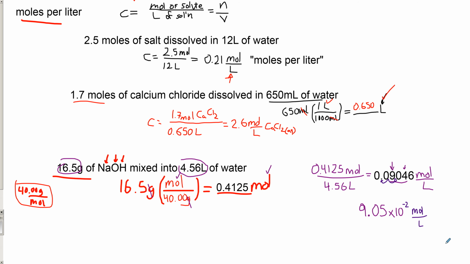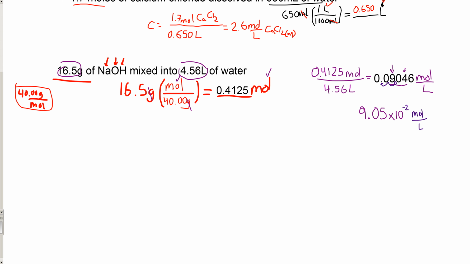Let's do one more where we actually have to add up and calculate the molar mass of a substance. So let's say we're in the lab. I really wish we could have done a lab. I'm a little bit sad about that.